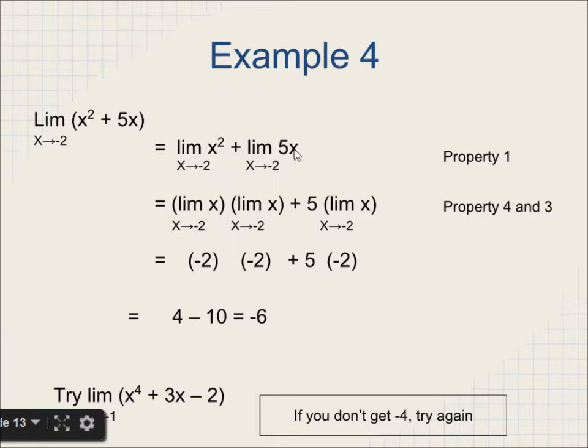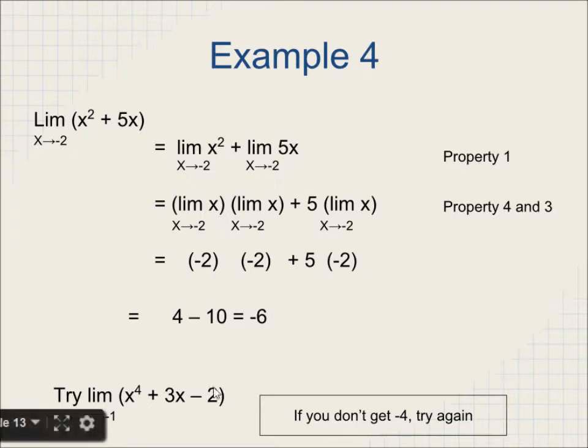Now putting the values, here we can again separate it using properties 4 and 3, separate the constant, separate the multiplication, calculate the limit separately, then just put the values and calculate like a normal math function. So here you can calculate, this is very easy.